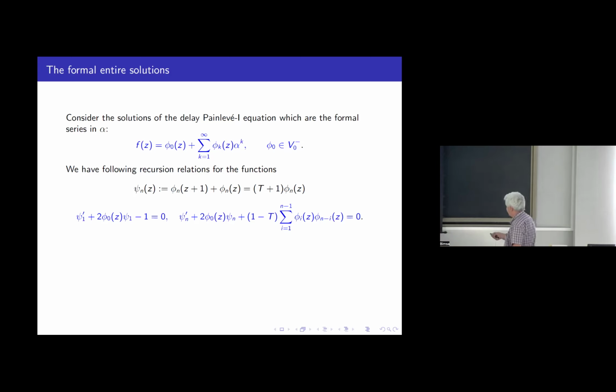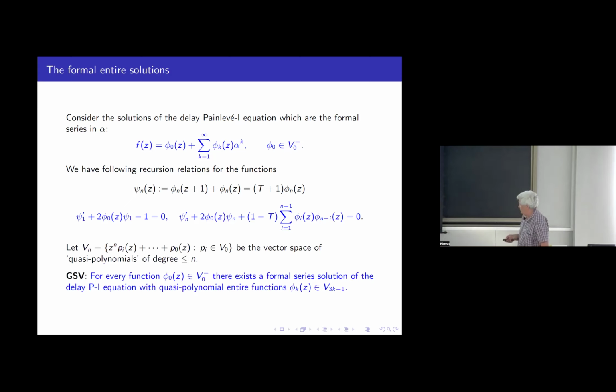And let me point out also this term, right? This is the key relation. This one, phi I, phi n minus y, should remind us of the Catalan relation, which I'm going to draw. So our result was that for any phi naught you choose, and then you solve this, there exists a formal solution with quasi-polynomial phi k.